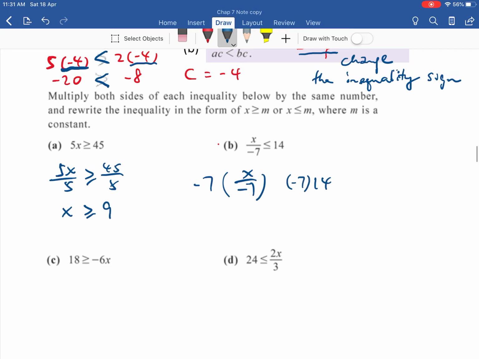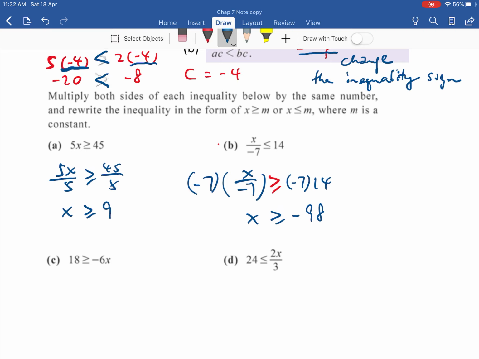So make sure that you change the inequality sign from less than or equal to greater than or equal to. Okay. Then you will get the answer x is greater than or equal to minus 98.